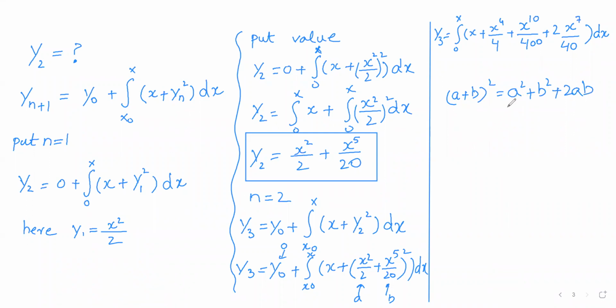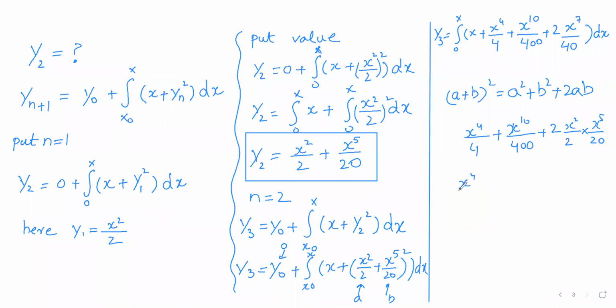So in here, a was x by 2, so it will be equal to x4 by 4 plus x5, 5x10 by 20 squared was 400 plus 2, a was x2 by 2 into x5 by 20.